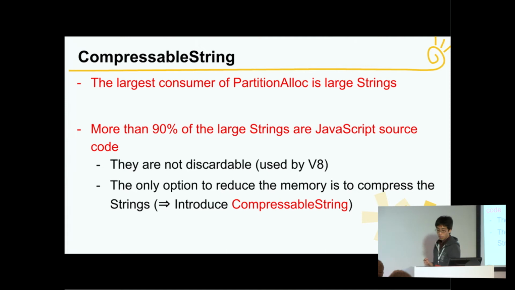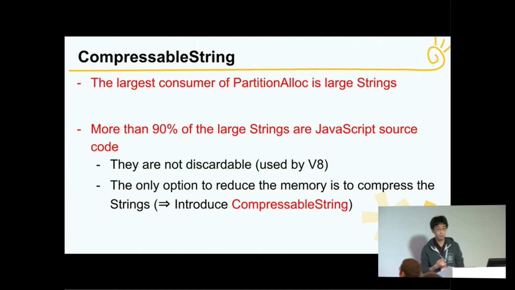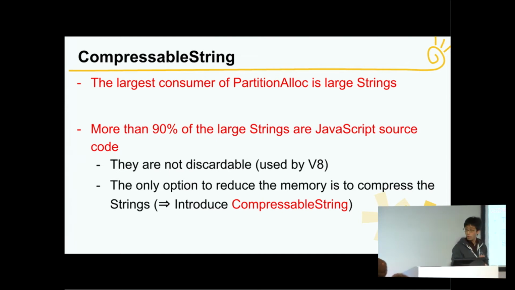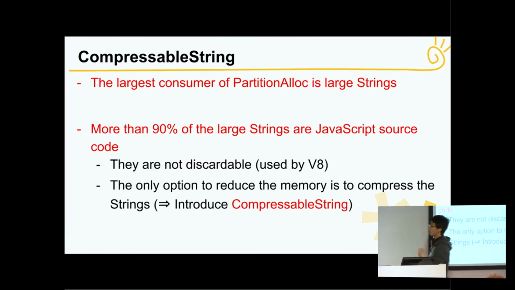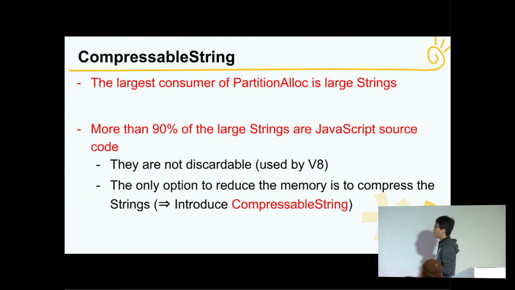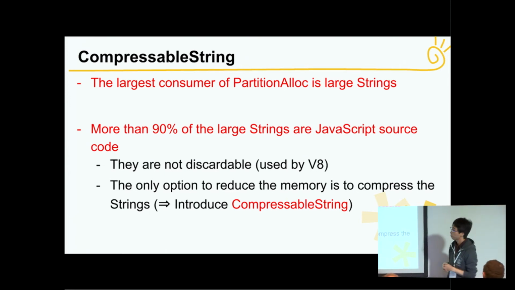The next reduction project is compressible strings. As I mentioned, the largest consumer of partition alloc is large strings, larger than 50 kilobytes. We confirmed that more than 90% of the large strings are JavaScript source code.